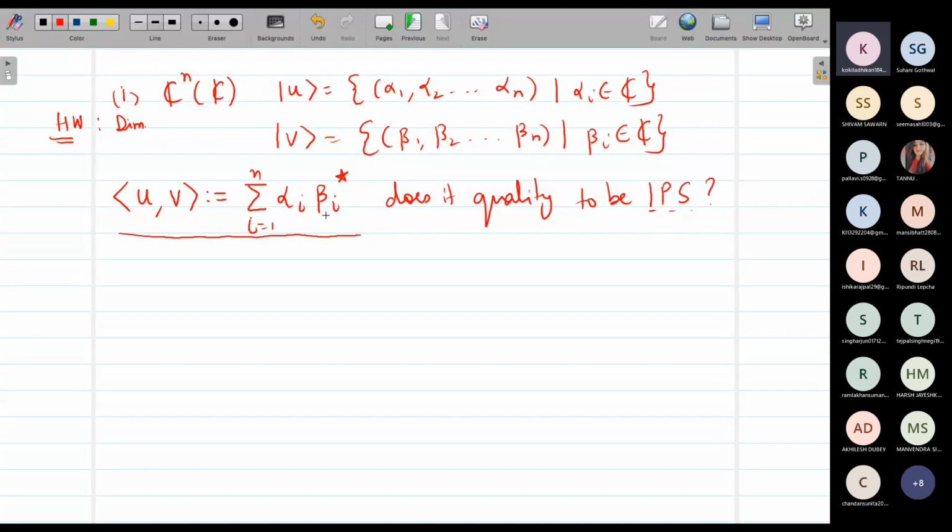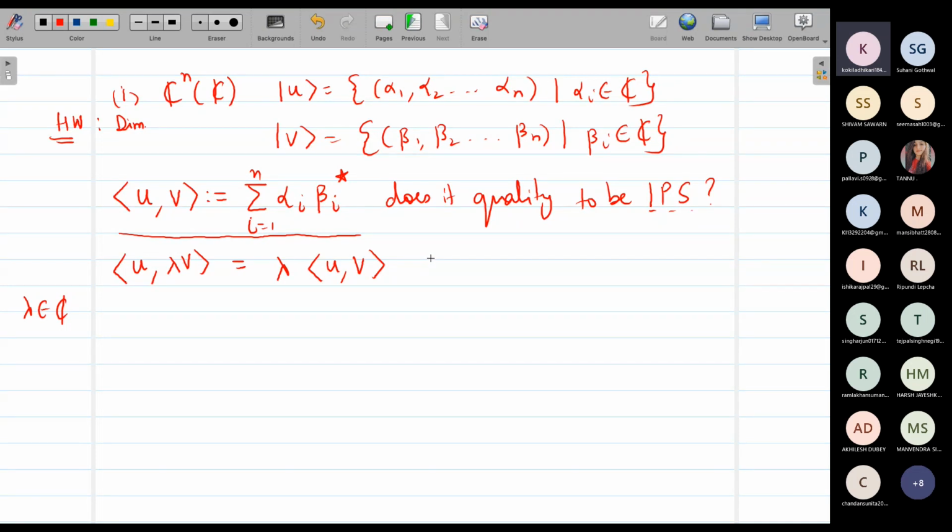Absolutely. Please check it individually, but right now one property I would like you to check: u comma lambda v, where lambda is a complex number. This property should give you lambda times u comma v. Whether this is matching or not.